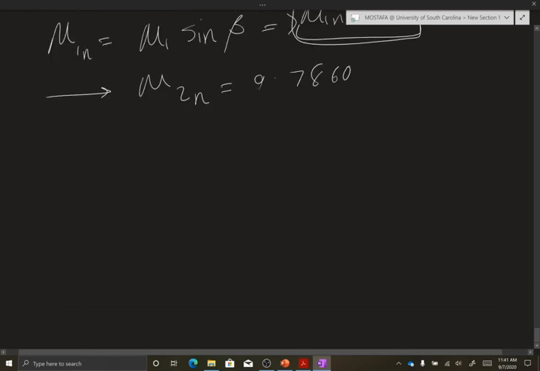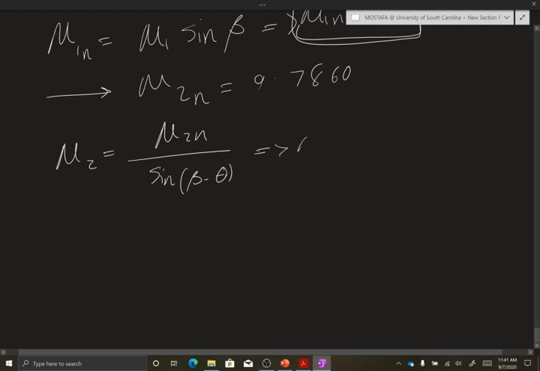You can find this to be 0.7860. Okay, pretty simple. And then we can find M2 to be M2n over sine of beta minus theta. Beta minus theta is 30 minus 9, so sine of 21 degrees, right? And M2n is 0.7860.